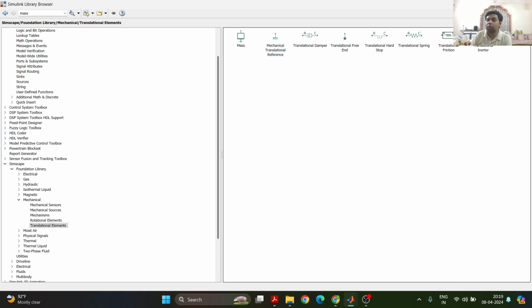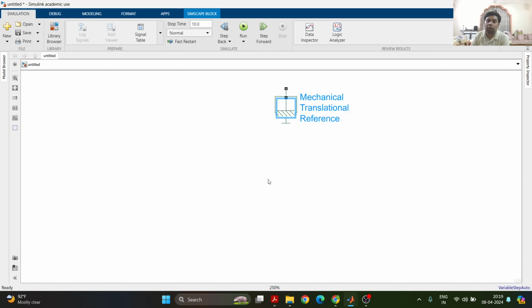We need the reference for selecting what is fixed. Let us say the mass, spring and damper have a fixed reference that we are measuring the displacement with respect to, and that is given by this block.